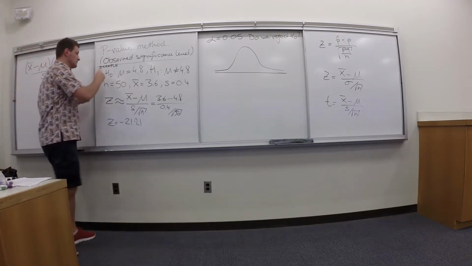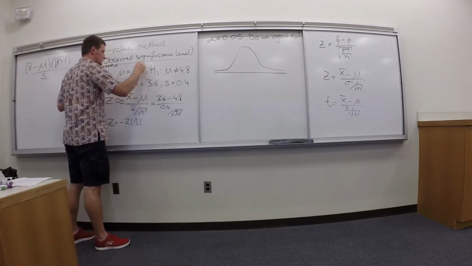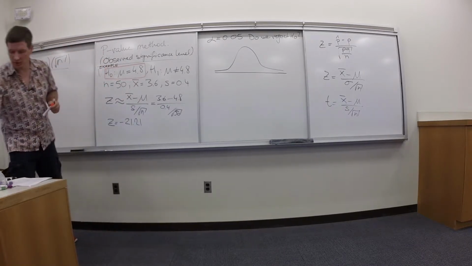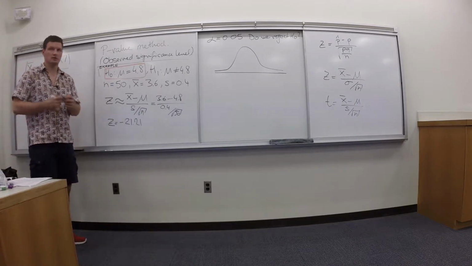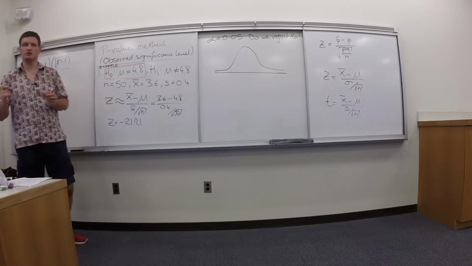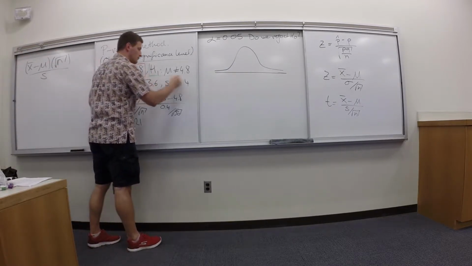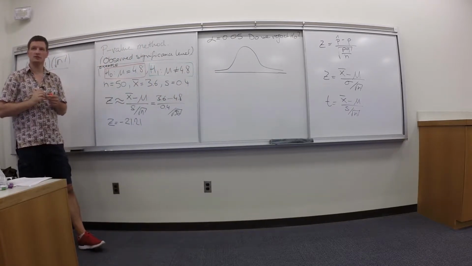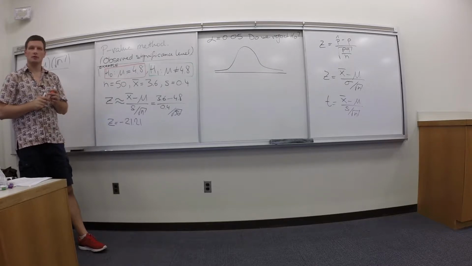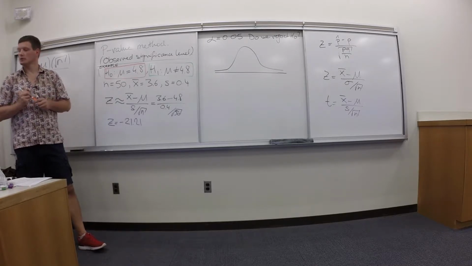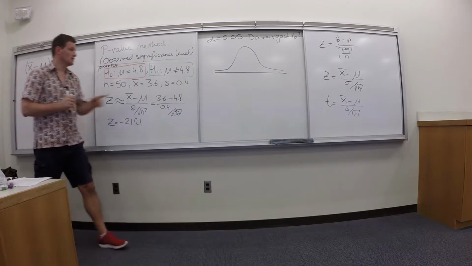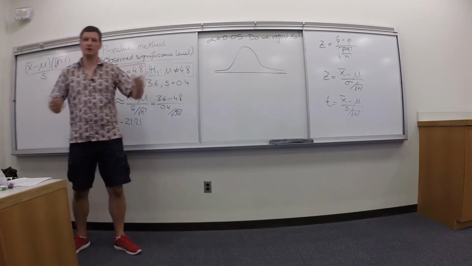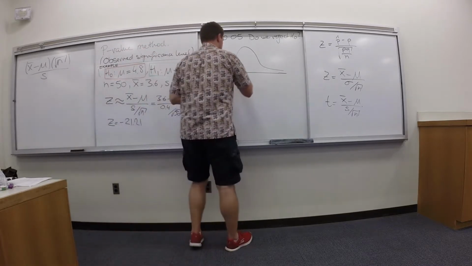We assume that this is a true statement about the population, and that's what we use to determine if it's a left, right, or two-tail test. This is a two-tail test. One tail is left or right. Two-tail means not equal, so it's either smaller or bigger.